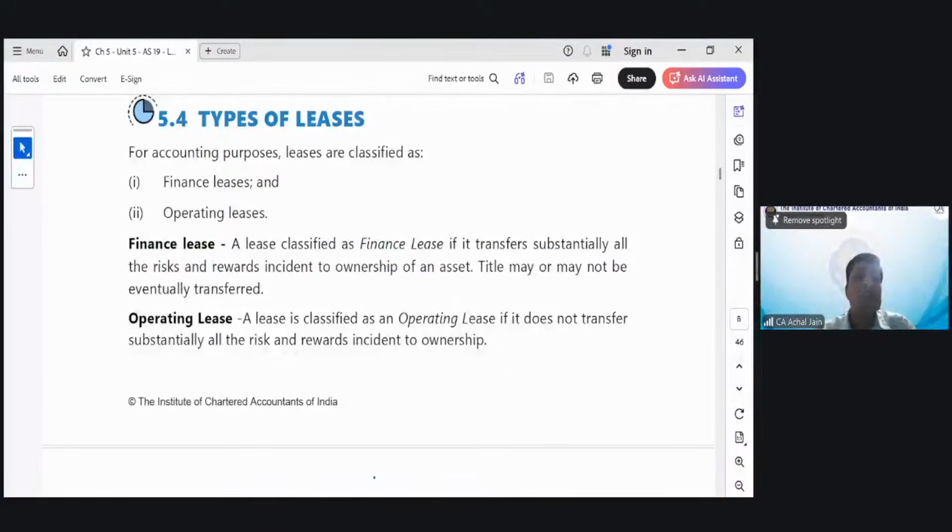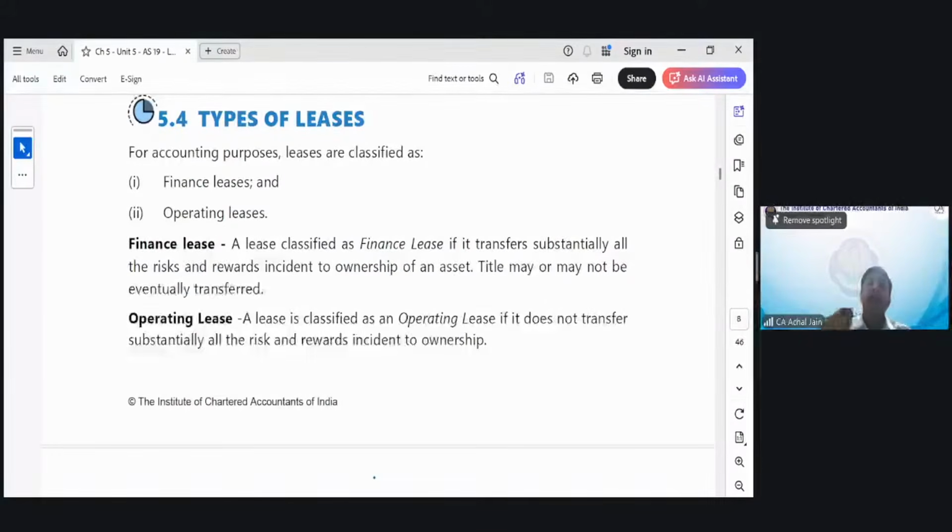Now, as per the standard, two types of leases are possible. So every time you have a lease, what will you do? You will check whether it's a finance lease or operating lease, because only these two types are possible. Now, what is a finance lease? If the risk and rewards in relation to that asset, so in our example, if you talk about that car, if let's suppose substantial risk and reward in respect of that car have been transferred to the lessee.